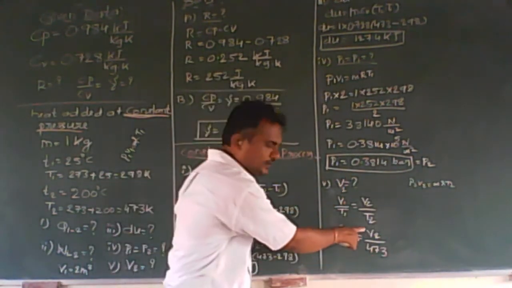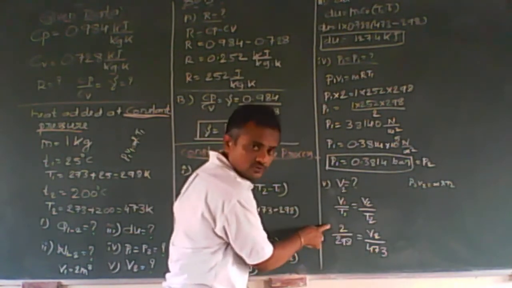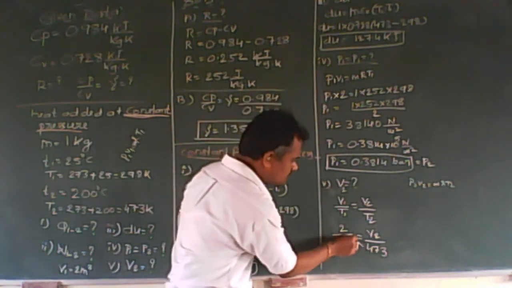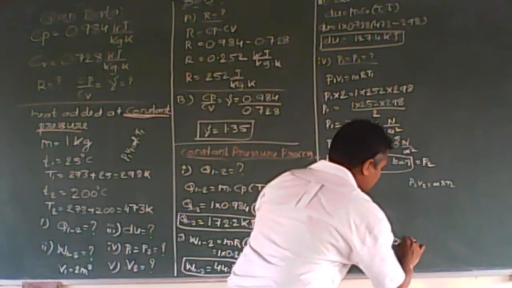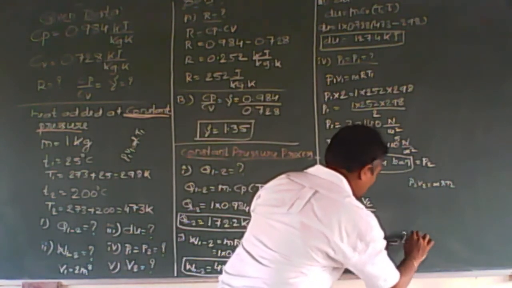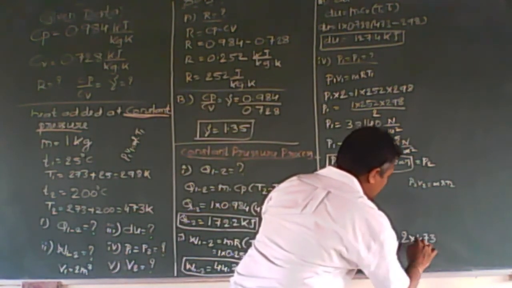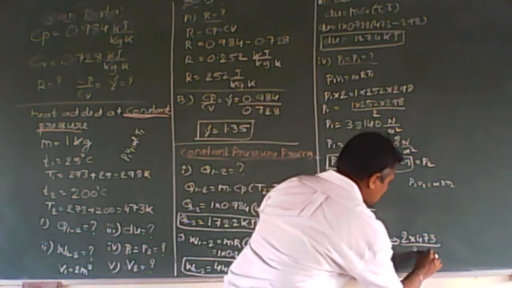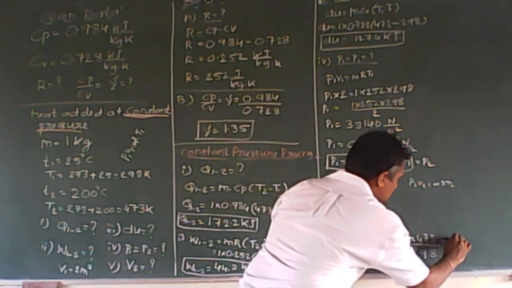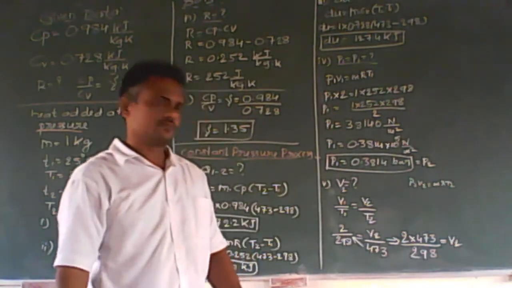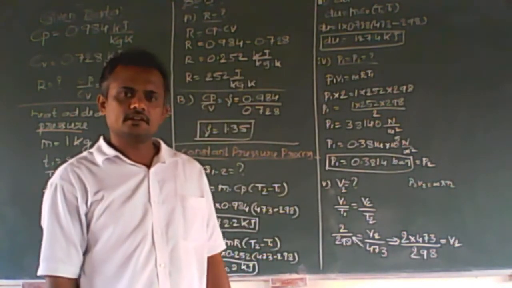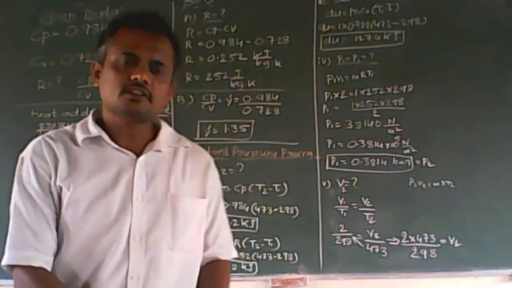Here I want V2, so 473 should go to the numerator, which becomes 2 into 473 upon 298 is equals to V2. So this is how we can calculate the value. Cross multiplication, that's all.